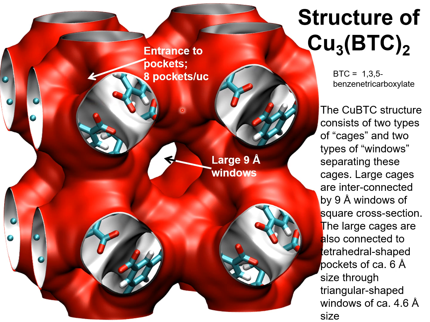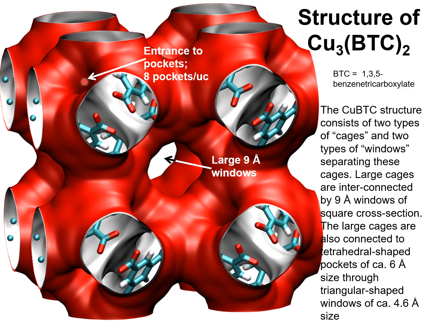We turn now to the motion of guest molecules in copper BTC. The structure is rather interesting and fascinating. It consists of large cages separated from adjacent large cages by 9 angstrom windows.